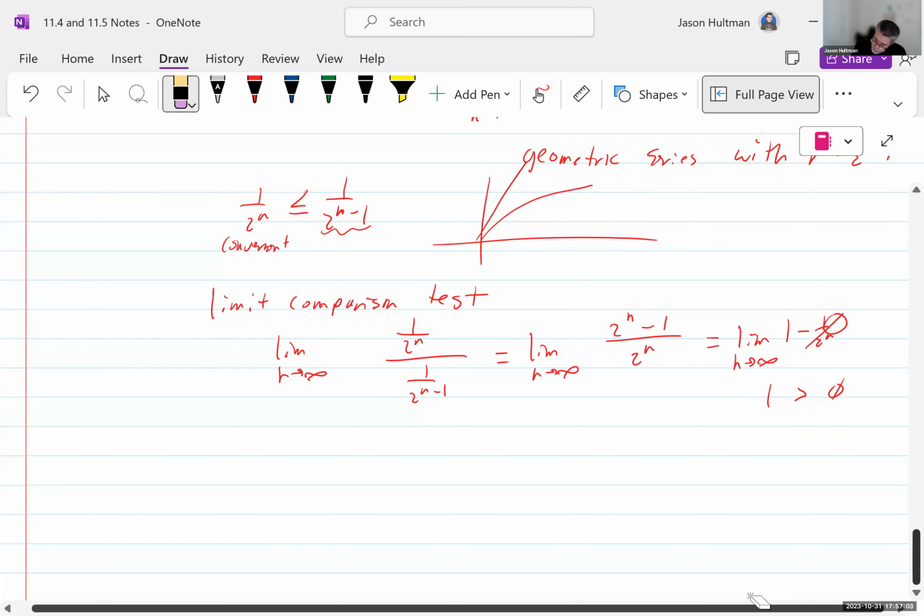Gosh, I can't write. So this is my sentence. I always have to have a final sentence on any of these tests.